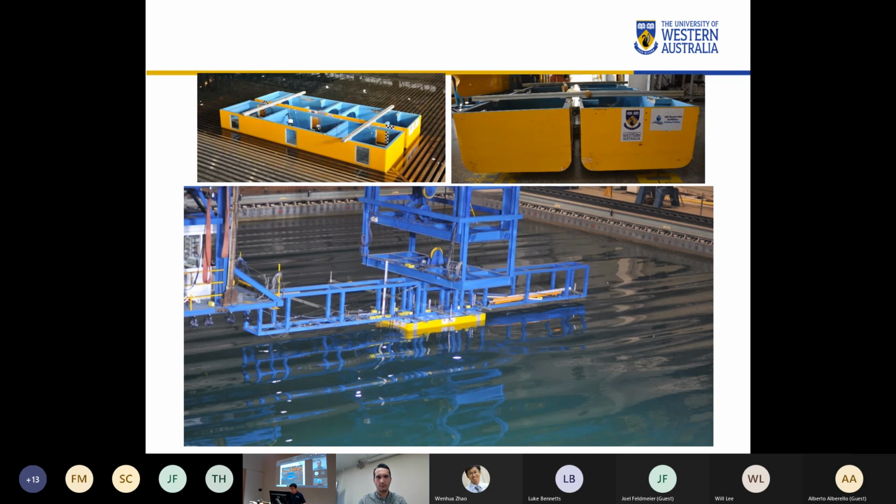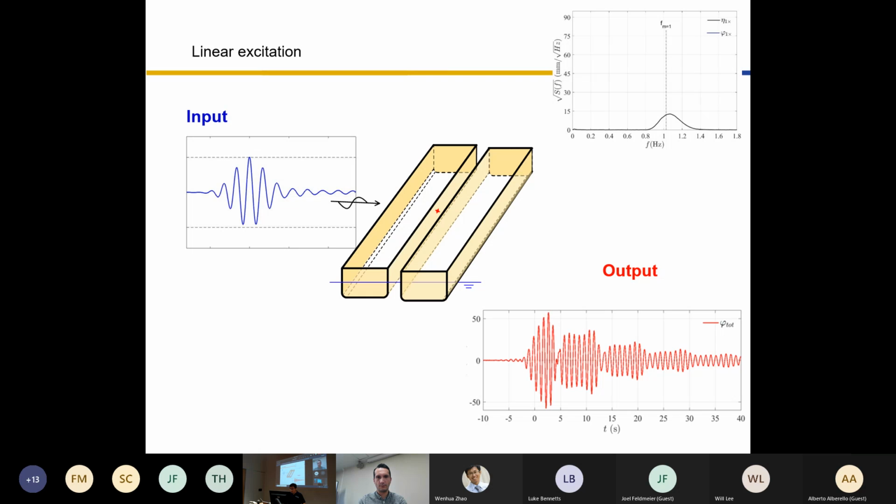In the testing, we first look at some linear excitation of the gap resonance. On the top left corner is a transient wave group. We use this to excite the gap resonance, and these waves pass through the two vessels from the left-hand side to the right-hand side.